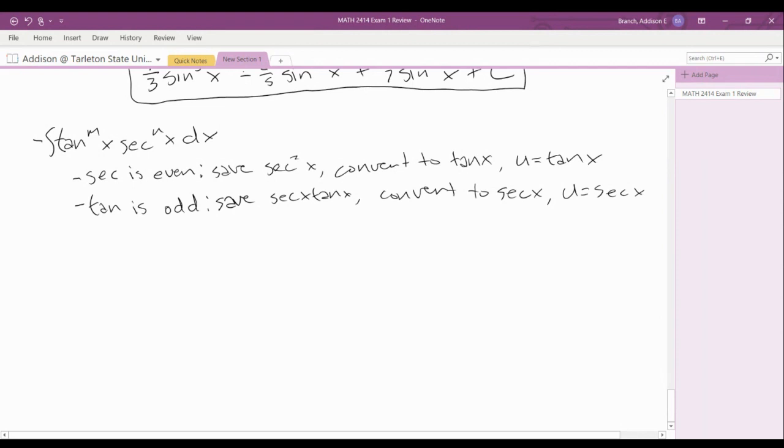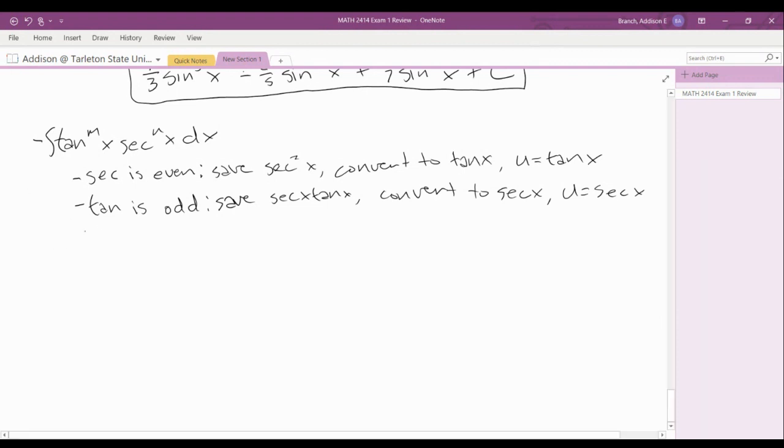Now, the one main difference between this set and the sine and cosine is that while there is an easy way out by doing power reduction in the other one, we don't necessarily have that when we're working with this. So if you get stuck, let's say you have an odd secant and an even tangent, you may have to play around with it some.